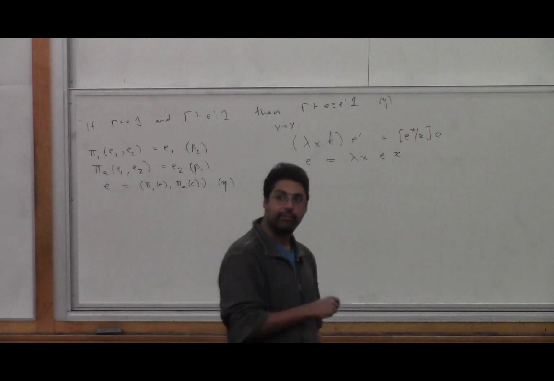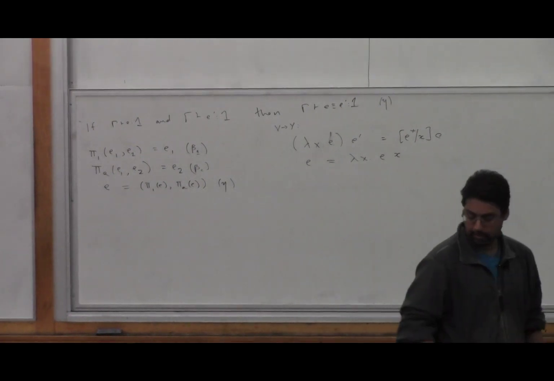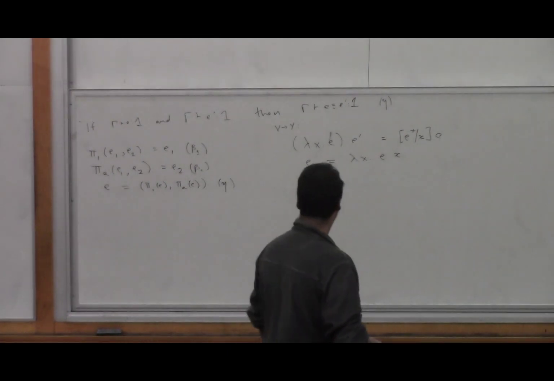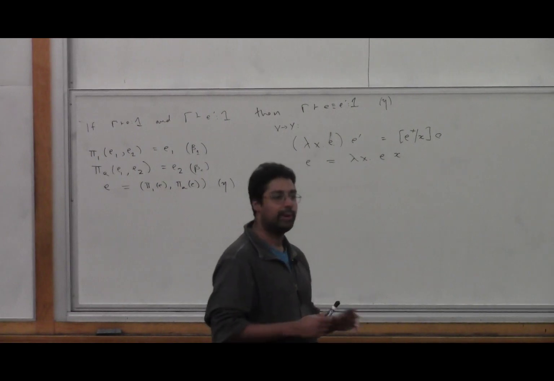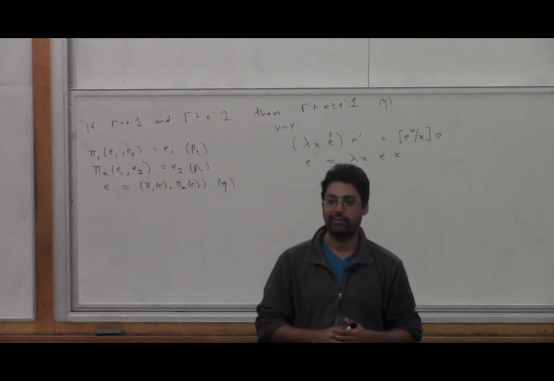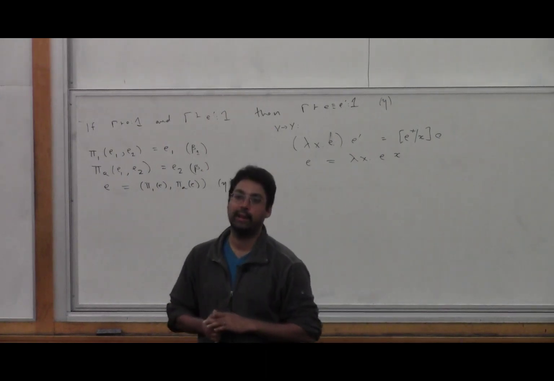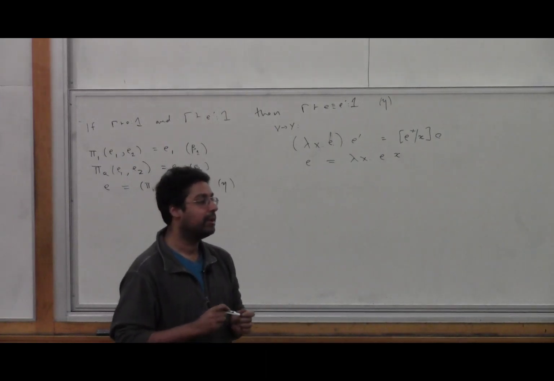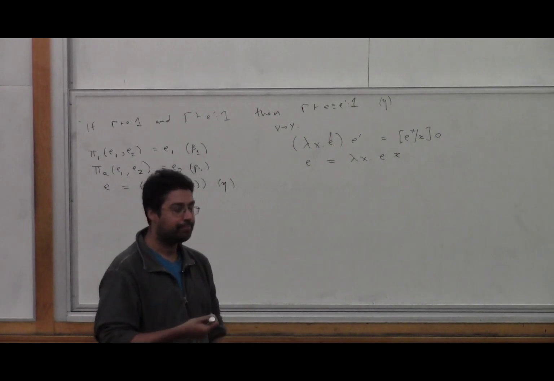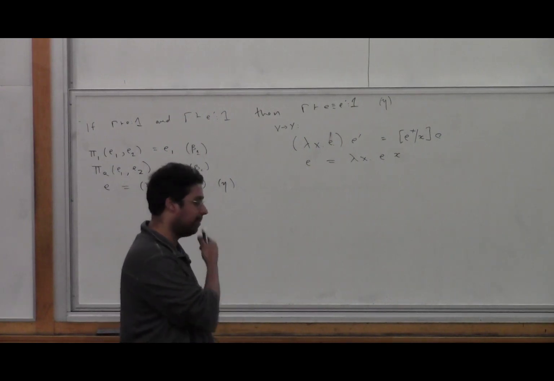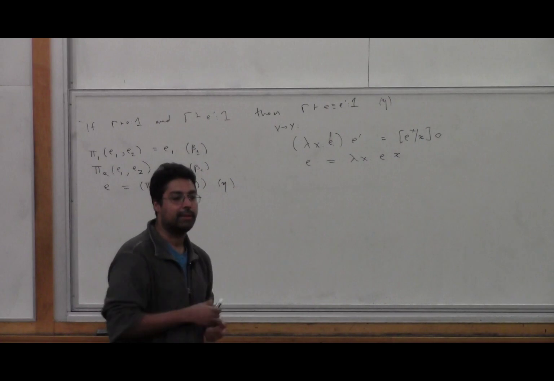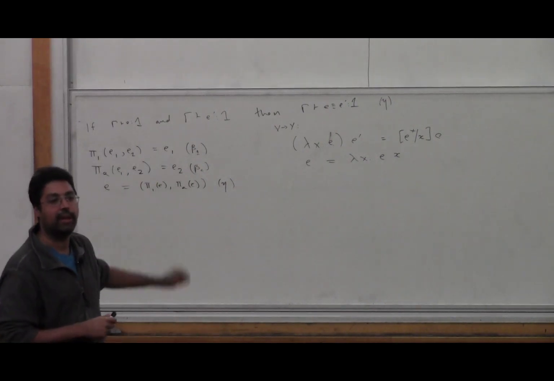So first, I'll tell you what an operational interpretation for this language with read and write might be. And then we can look at the model constructions that we'll use to validate these kinds of equations.